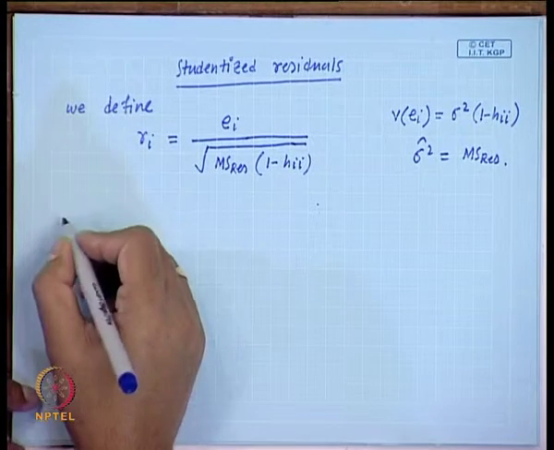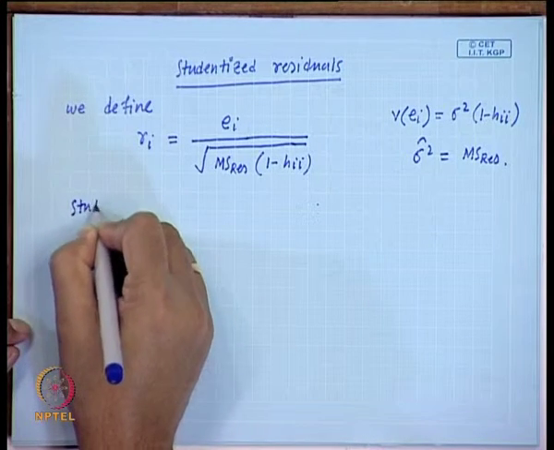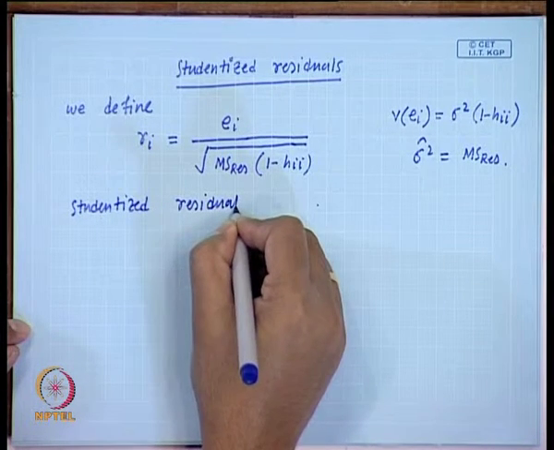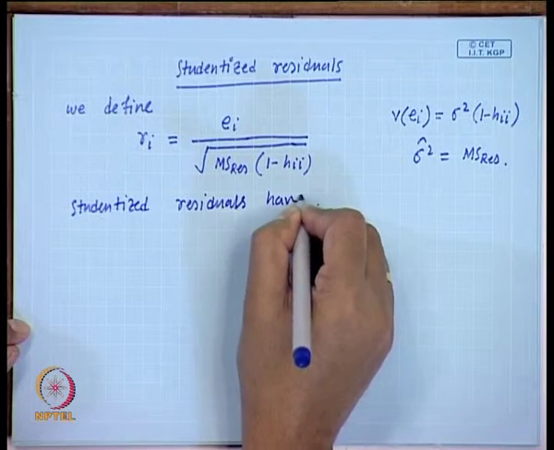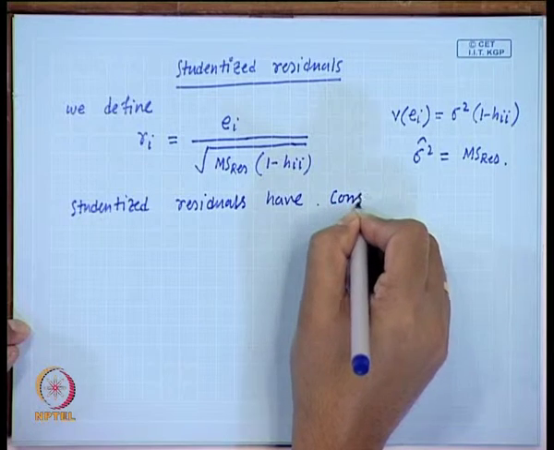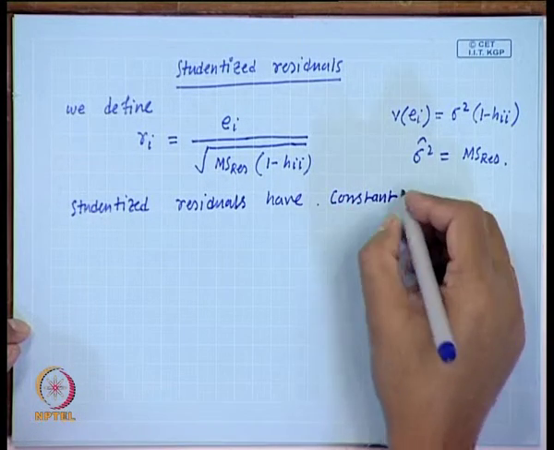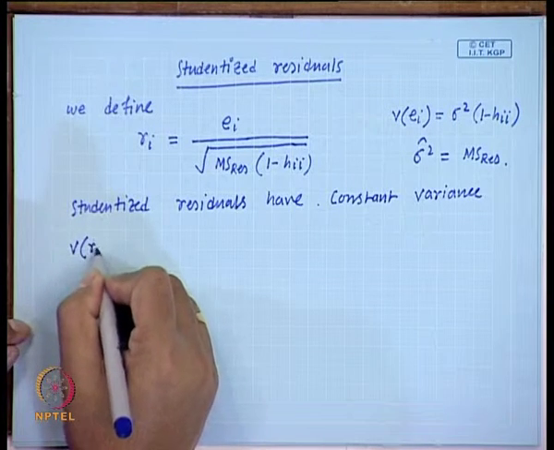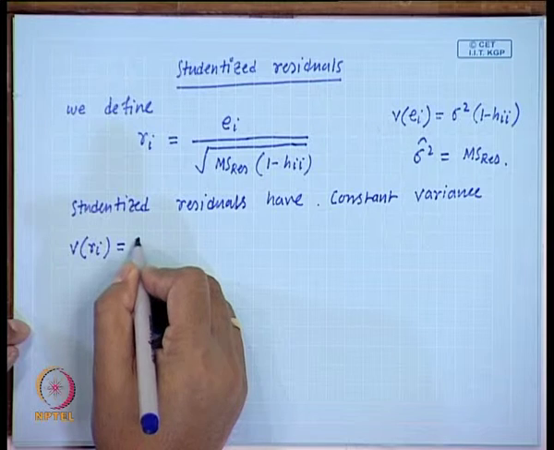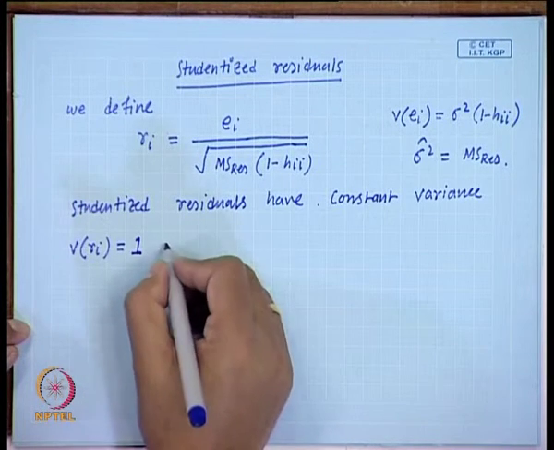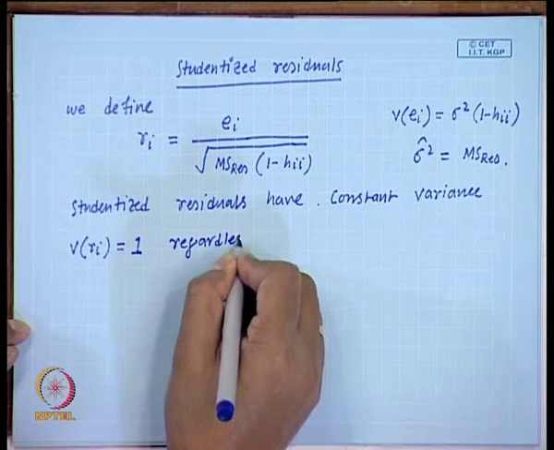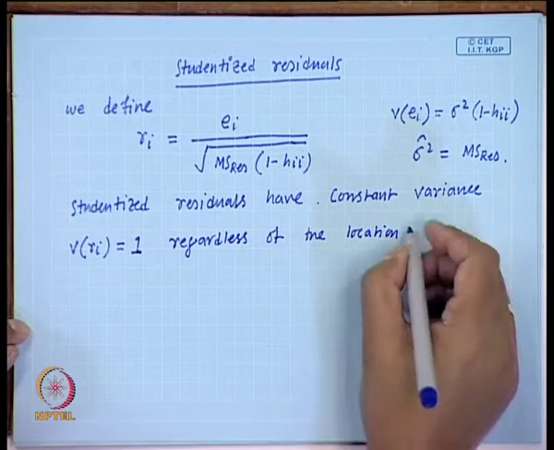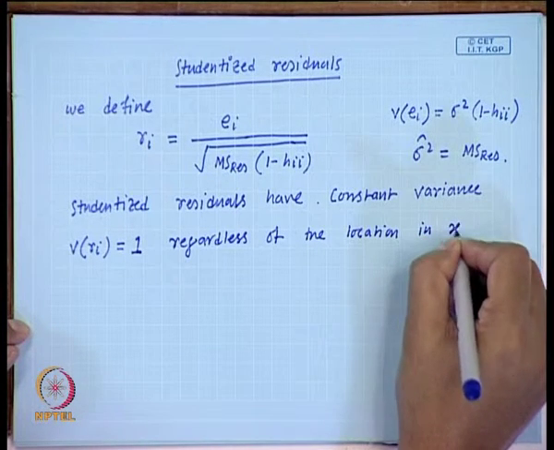So, it is very easy to observe that studentized residuals have constant variance, that is, variance of ri is always going to be equal to 1 regardless of the location in x coordinate.